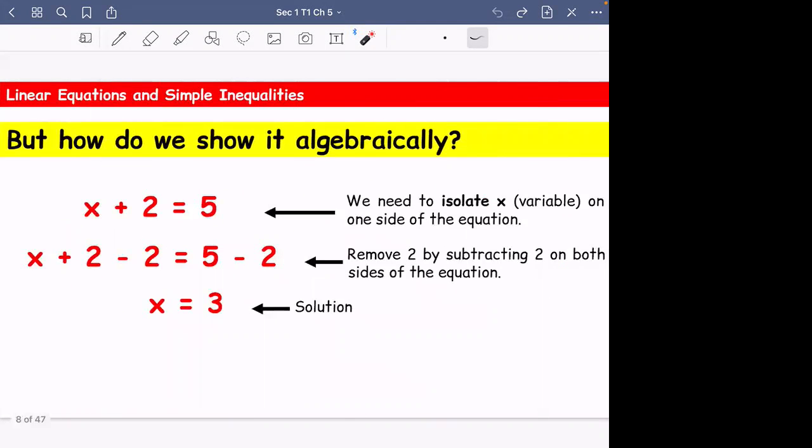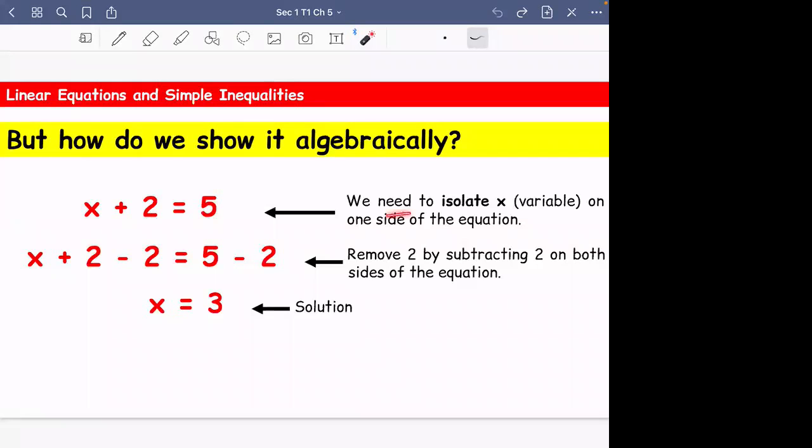All right, now how do we solve this algebraically? How do we solve this in algebra method? First we need to isolate x. If you're given again x plus 2 is equal to 5, these are my steps now.